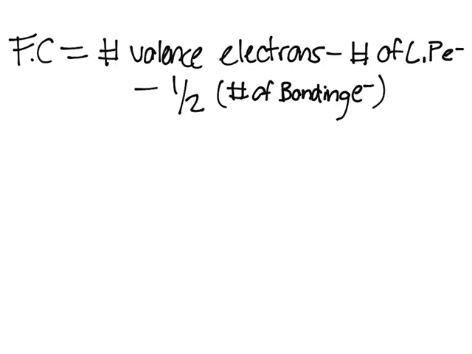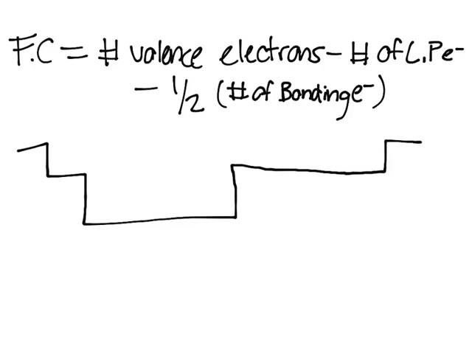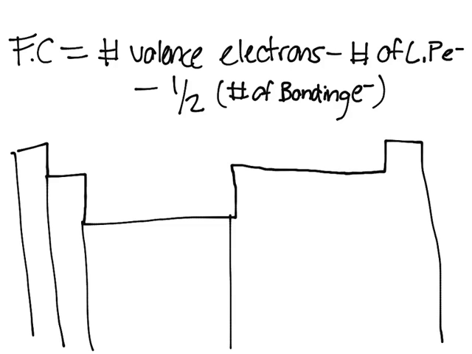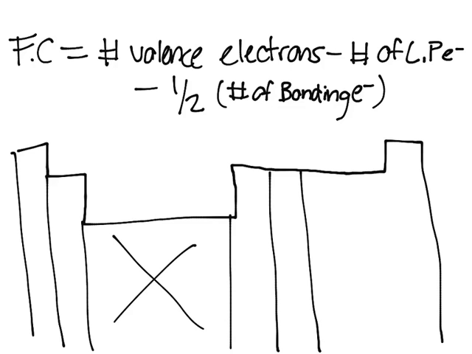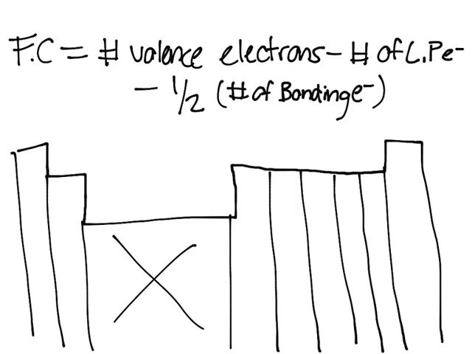So here is a periodic table, a crudely drawn periodic table. We won't worry about this over here. So 1, 2, 3, 4, 5, 6, 7. The number of valence electrons: this whole column has 1, this has 2, this has 3, 4, 5, 6, 7, and 8.